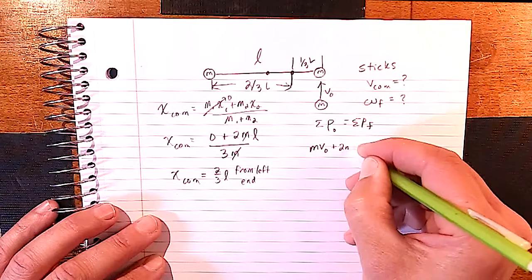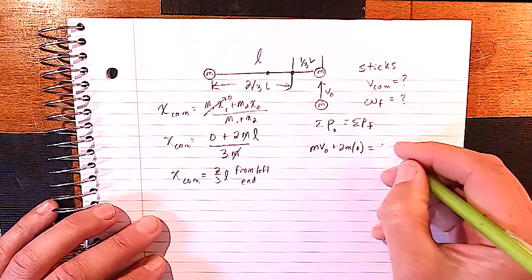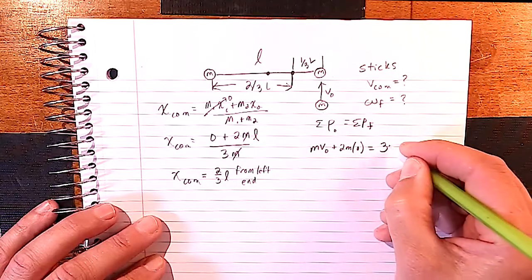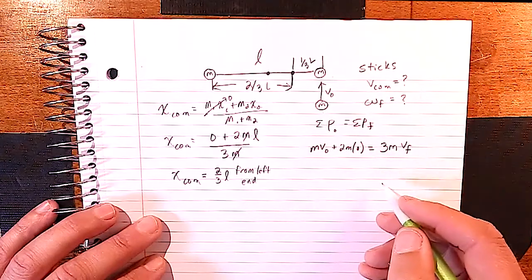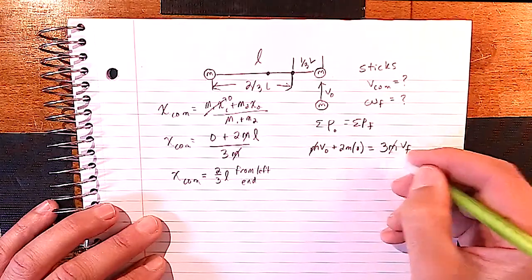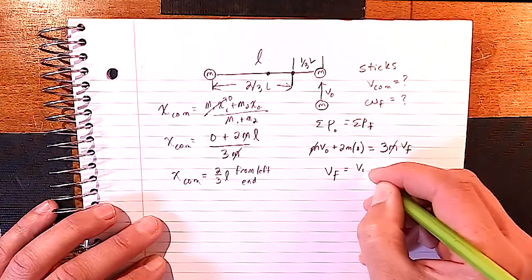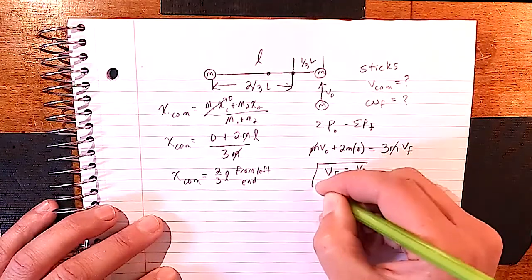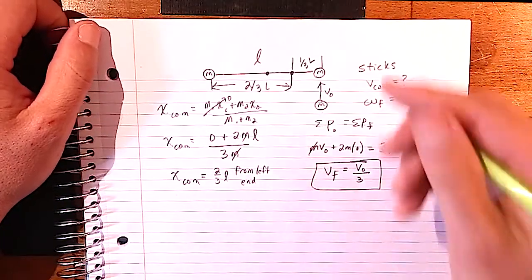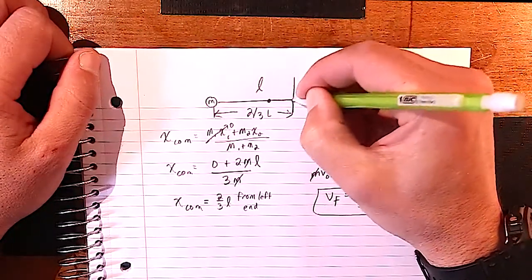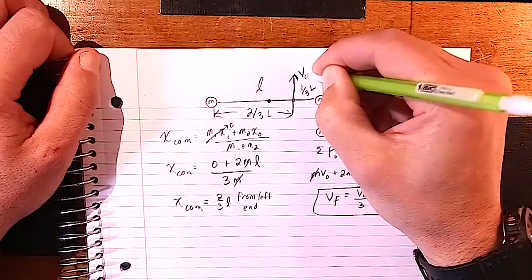So that's just 2m times 0 is equal to, then the momentum of the system, that's going to be 3m v final. So our masses will cancel, and then we just solve for vf, and vf comes out to be 1/3 of the initial velocity. And by the way, I'll just say that, that's this. That's a v-com right there.